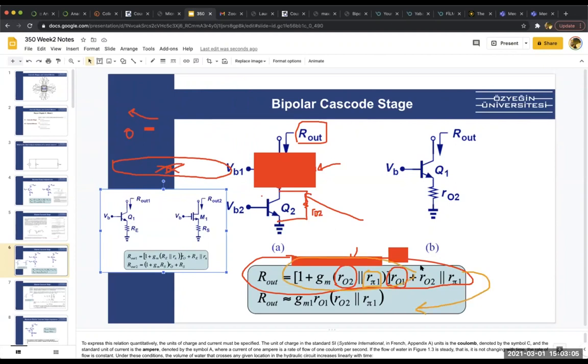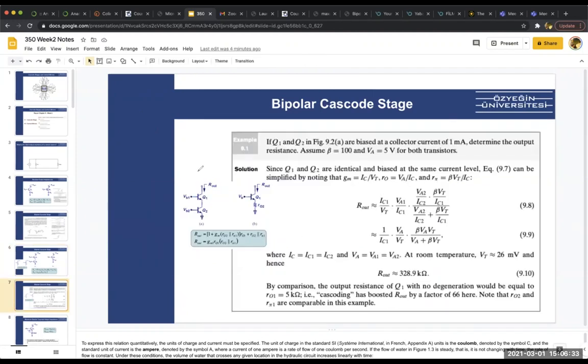It's much bigger compared to this term, so we can simply take this part as the ROUT because the second term is much smaller compared to the first term. We have this cascode circuit, and you are given in the circuit that ROUT is this. It's already given in the hint in the question.